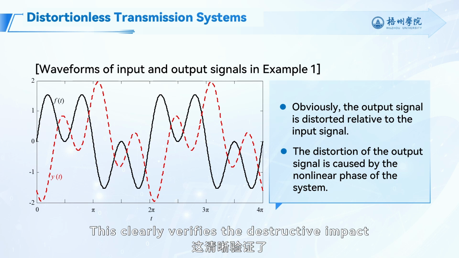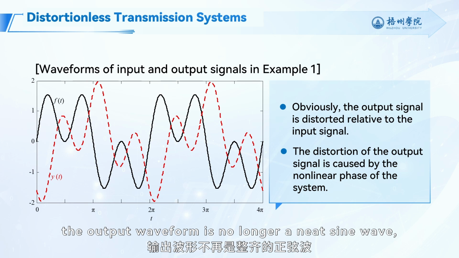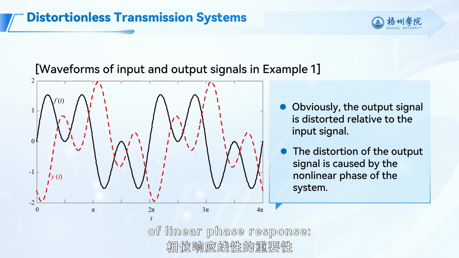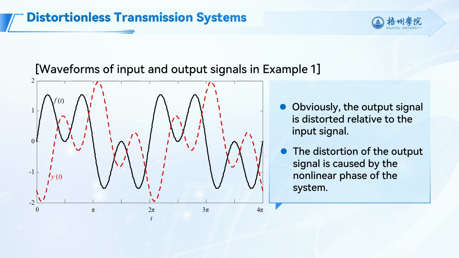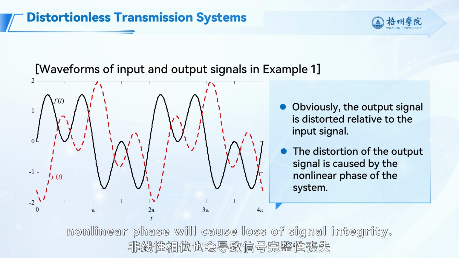This clearly verifies the destructive impact of nonlinear phase. The output waveform is no longer a neat sine wave, but a distorted version. This example highlights the importance of linear phase response. Even if the amplitude response is perfect, nonlinear phase will cause loss of signal integrity.